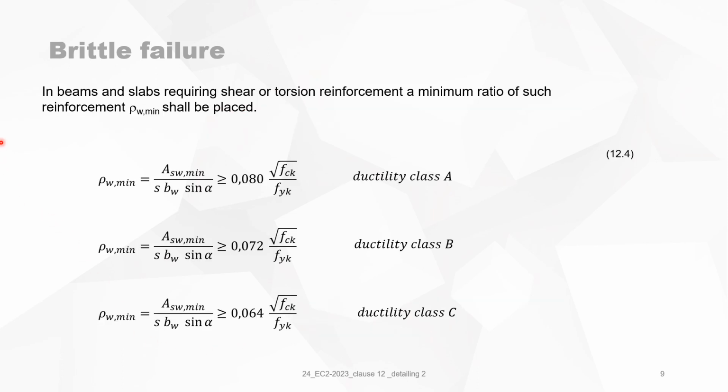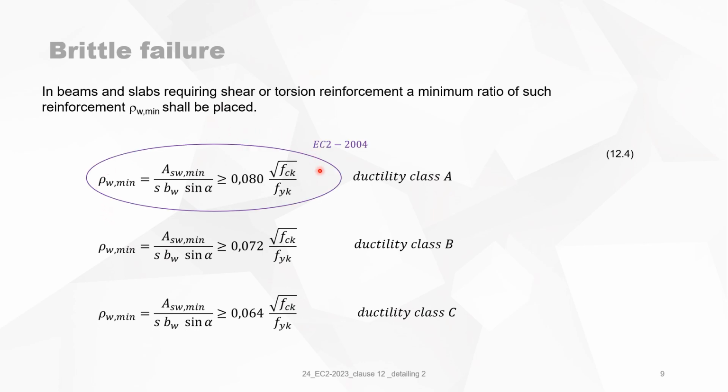So the last element is the minimum reinforcement for brittle failure, but for shear and torsion. There you have a minimum amount of stirrups or bent up bars. This minimum amount depends on the ductility class of the reinforcement of the stirrups and is given by this well-known formula.